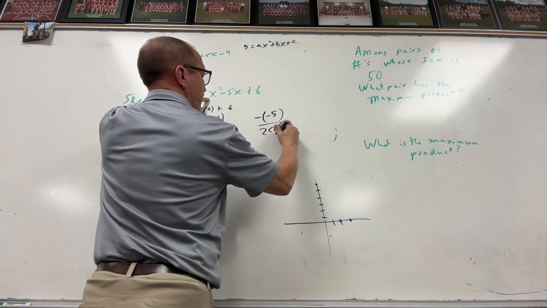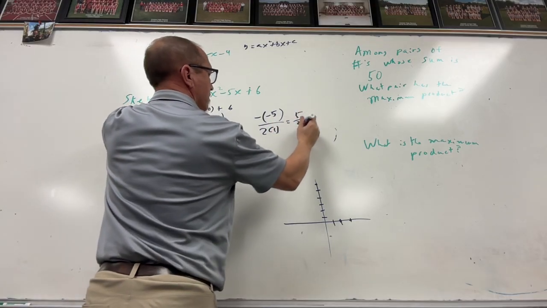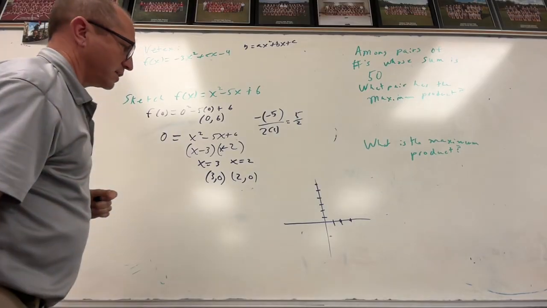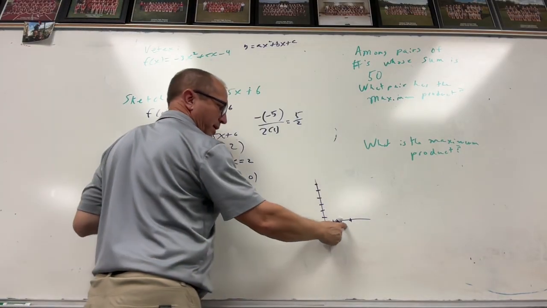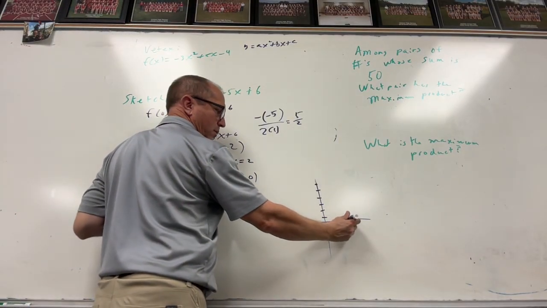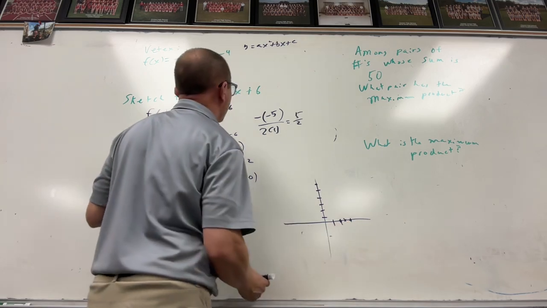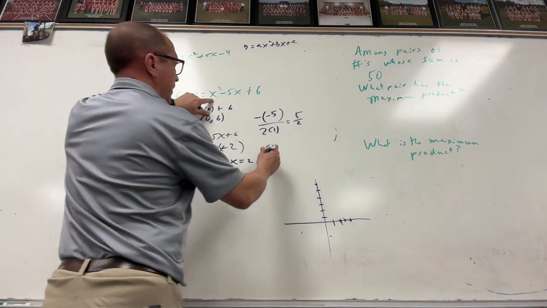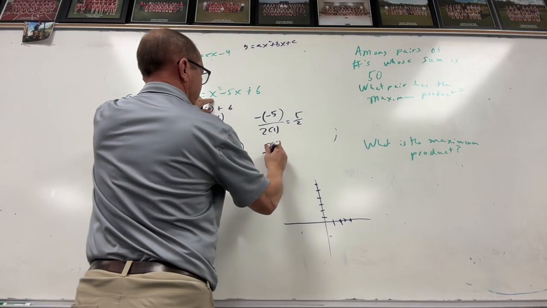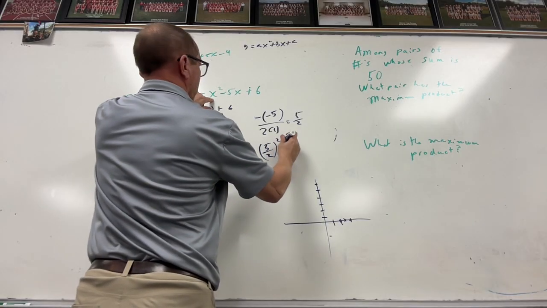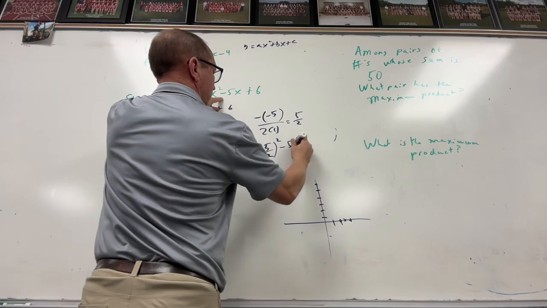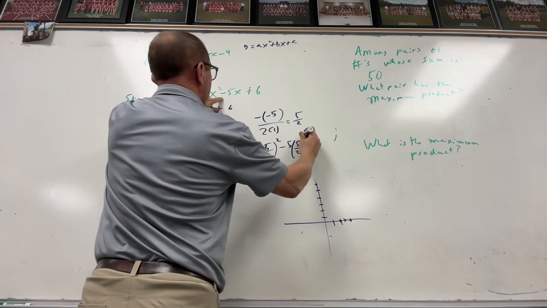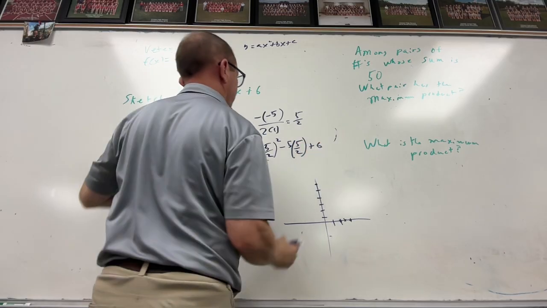So 5 halves is the x-coordinate of our vertex, which we should expect it to be halfway between your two x-intercepts. Now to figure out the y-coordinate at this point, it's 5 halves squared minus 5 times 5 halves plus 6.